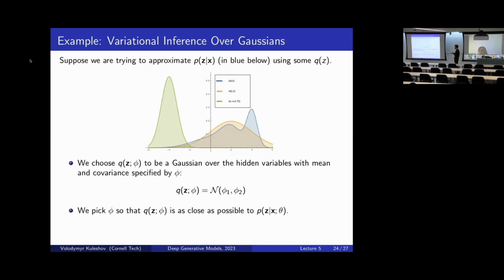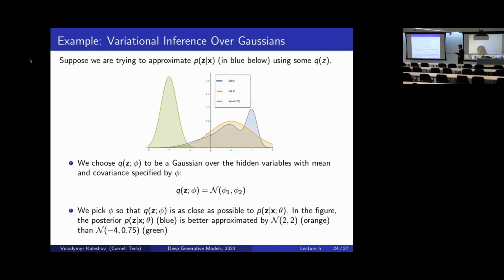And then I want to pick phi such that q of z given phi is as close as possible to the distribution in blue. The green and the yellow Gaussian are two examples of a bad fit and a good fit. Clearly the big green Gaussian is very different from my blue distribution. So that's an example of a bad fit.